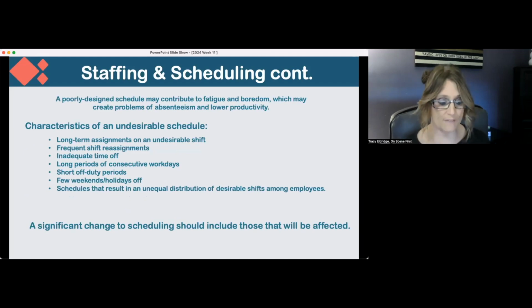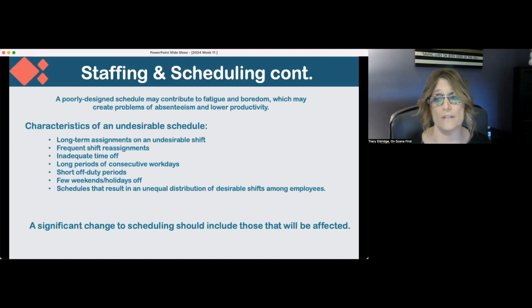So if we're not fully staffed, then folks that are new may end up on the overnight shift for a really, really long time. Frequent shift reassignments. So if the coverage isn't adequate in one place, folks may need to shift to work somewhere else. Inadequate time off, which makes grumpy little elves. I can assure you of that.